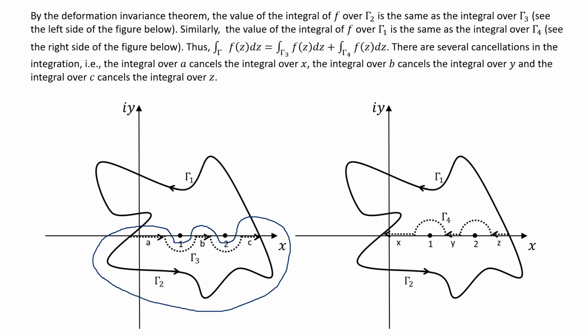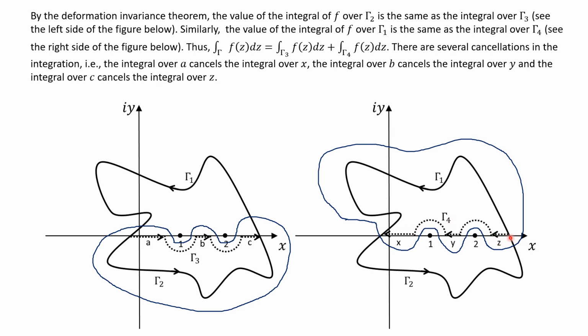Then you can do the same thing on the other side. Draw a domain where f of z is analytic and continuous on the boundary of the domain and within it. So within this blue domain, f of z is analytic and continuous, and gamma sub 1 and gamma sub 4 have the same initial and terminal point.